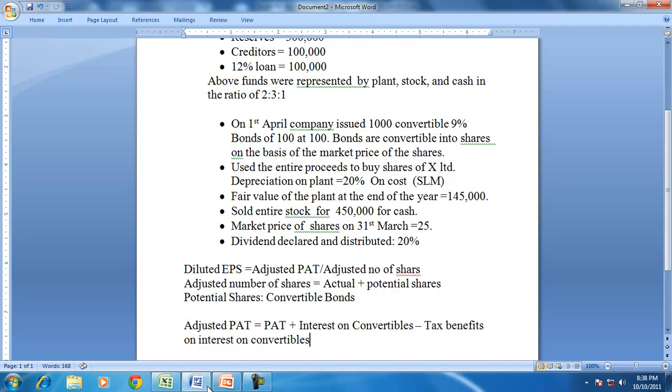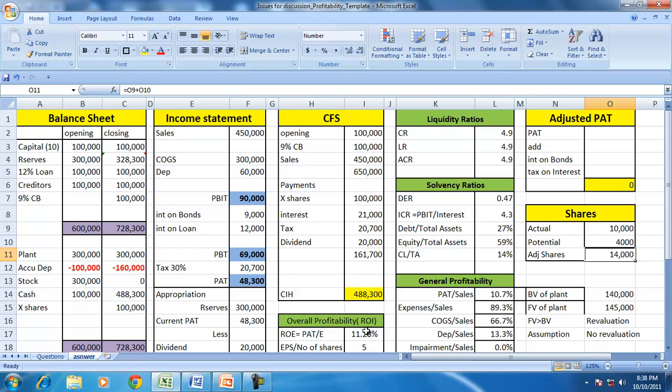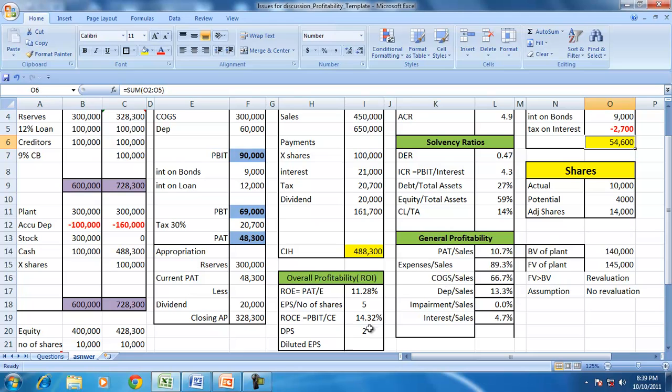So that is called adjusted PAT. Here, we'll take the PAT from the income statement, take the interest on bonds, not interest on loans, and deduct 0.30 into the interest. So 2,700 is the tax benefit on interest. So adjusted PAT is 54,700.